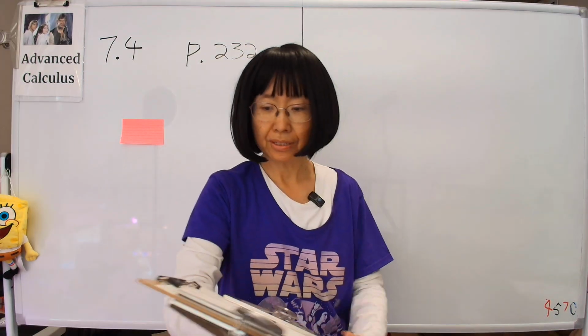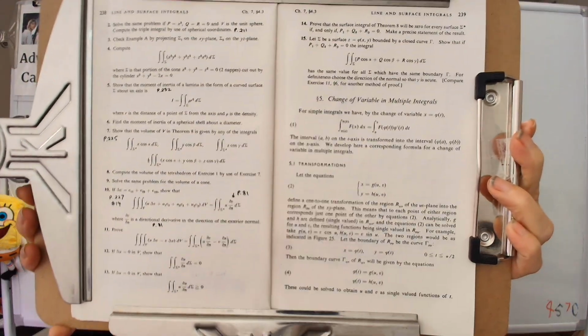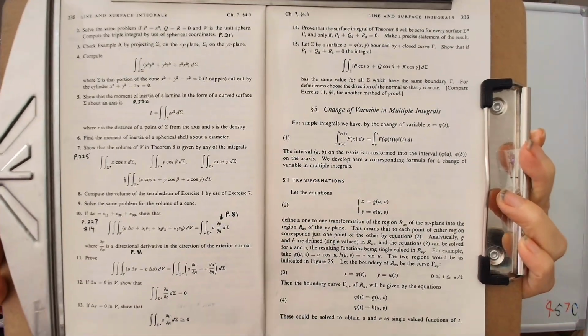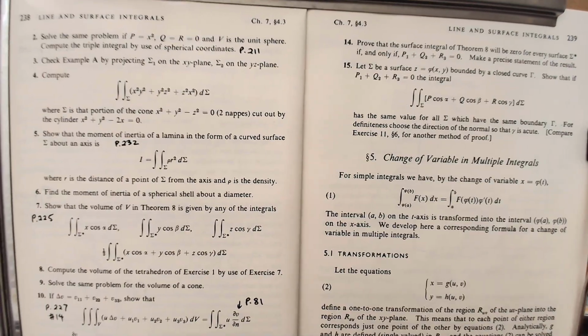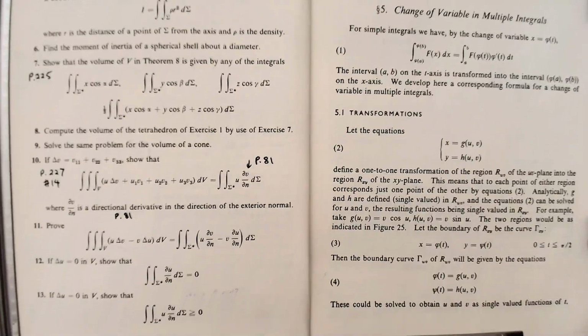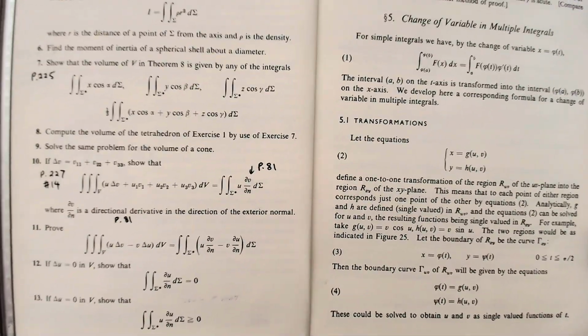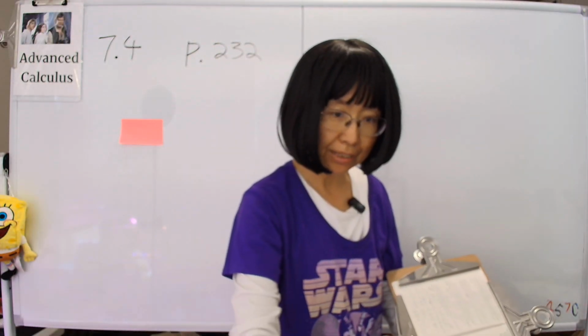And then 238 and 239. Okay, a bit closer on the top. And then closer on the bottom. Okay, that should do it.